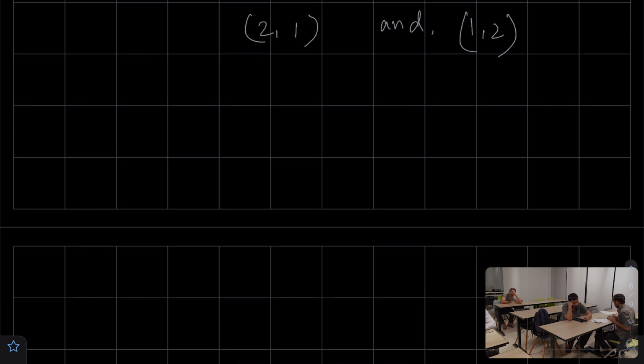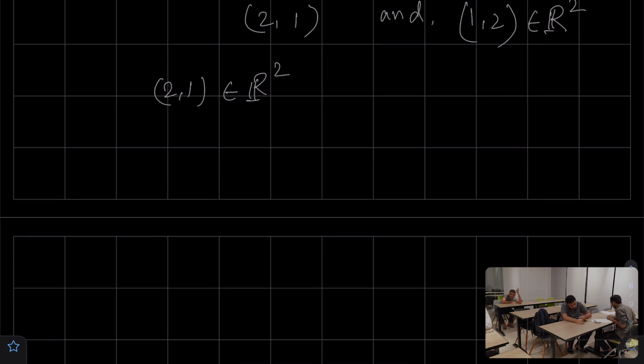So to do that, let us consider two points. The first point is 2 comma 1 and another point is 1 comma 2. So 2 comma 1 is an element of R2, and this is also an element of R2. What is the equation passing through these 2 points?